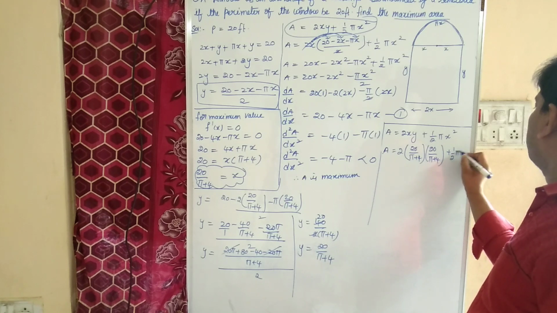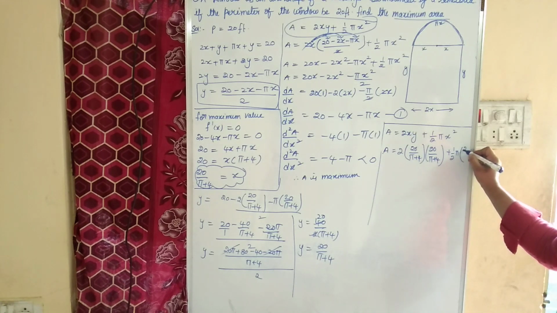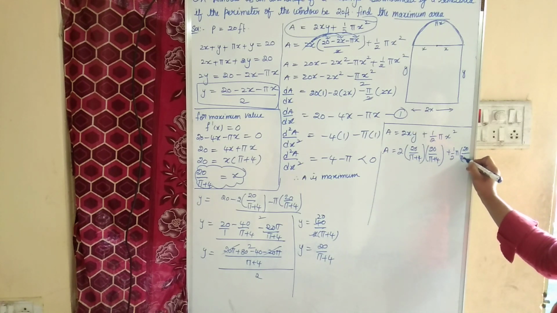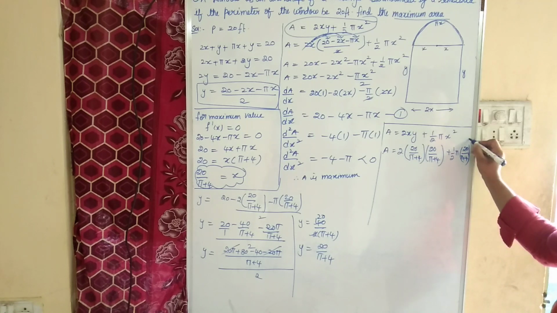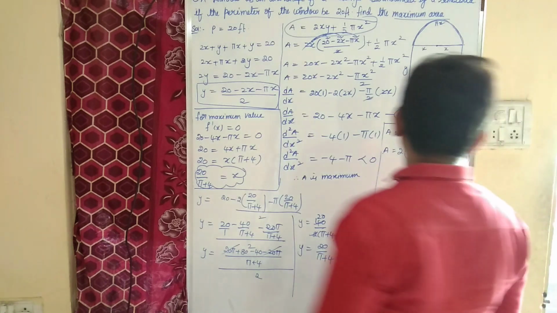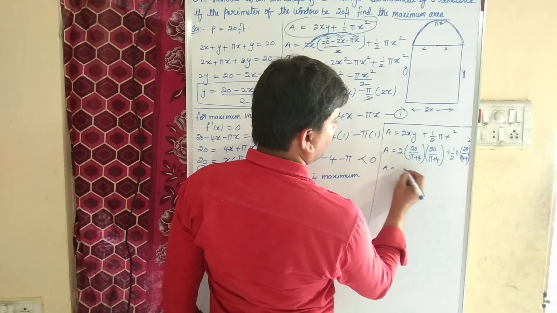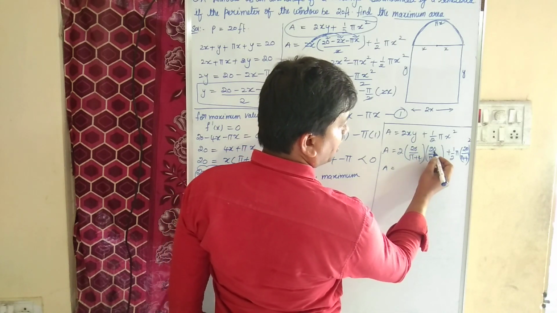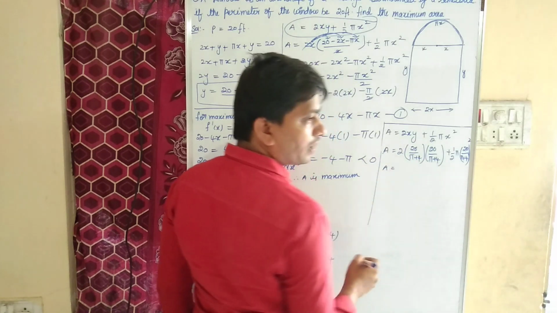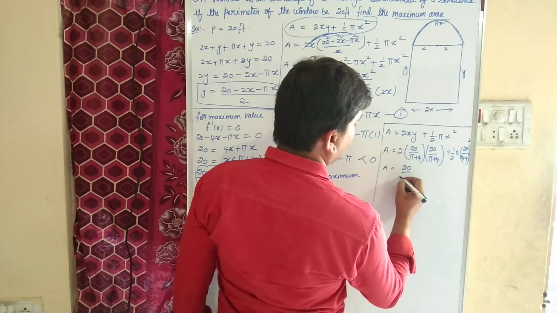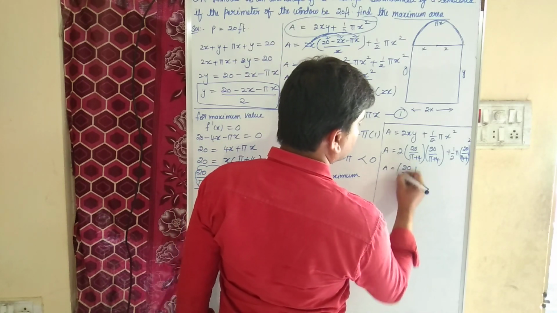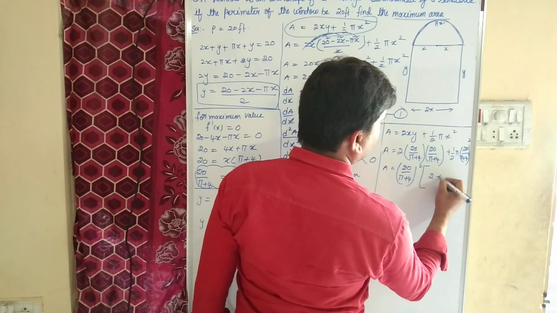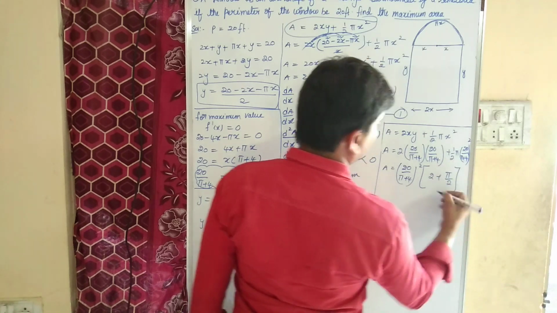Plus 1 by 2 into pi into the x value 20 by pi plus 4 whole square. Right? Now A equals 20 into 20, 20 square, by pi plus 4 into pi plus 4, pi plus 4 whole square. I can take 20 by pi plus 4 whole square common, then I'll get 2 plus pi by 2.